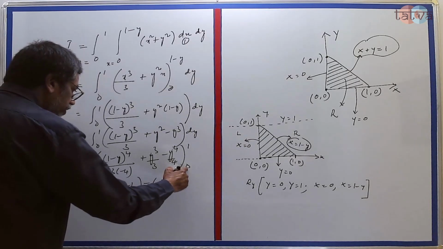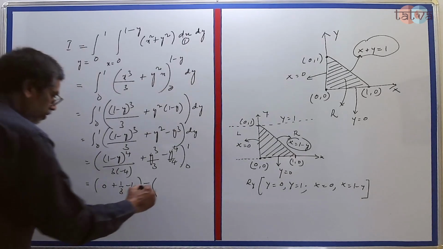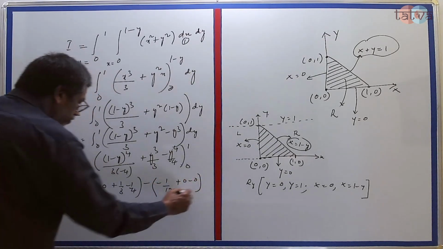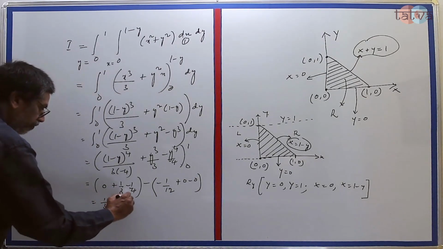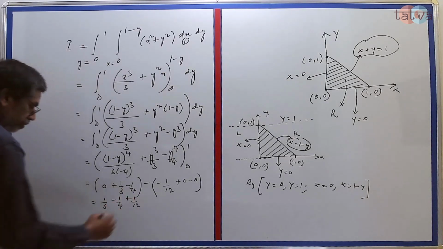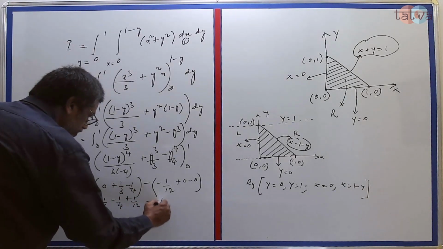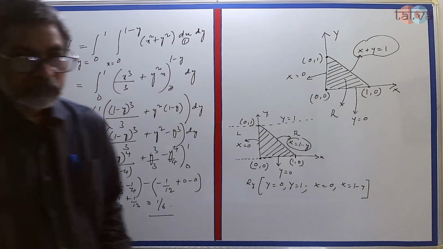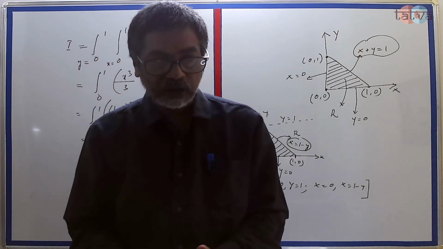This 0 is very important, it plays an important role now with respect to the first term here. We get minus 1 by 12 plus 0 minus 0. And it ends exactly the same way we did the previous Rx way, and this will give us 1 by 6. So the output remains the same, irrespective of whether you analyze the region as Rx or Ry.